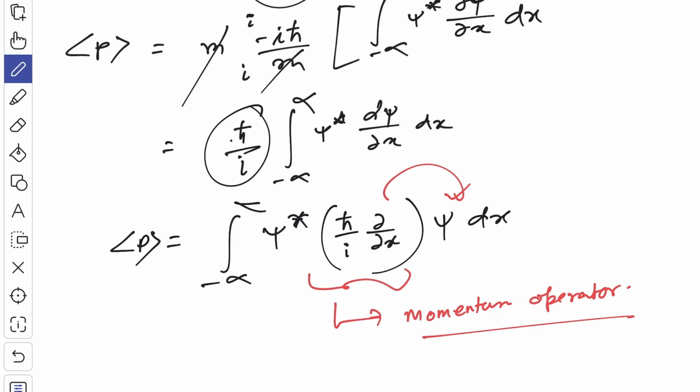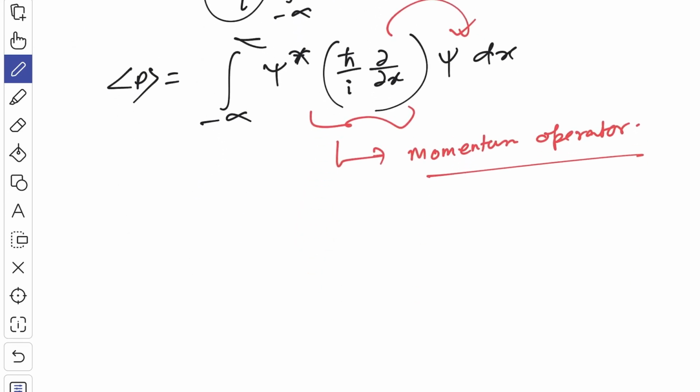Similarly, we can find the kinetic energy operator. Here you see kinetic energy T is given by half m v square, isn't it? Half m v square. So if you take the expectation values here, you see this term can be expressed as 1 by twice m, so you can write m v whole square.